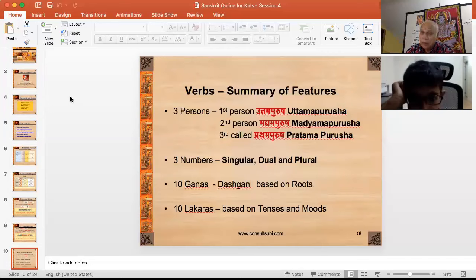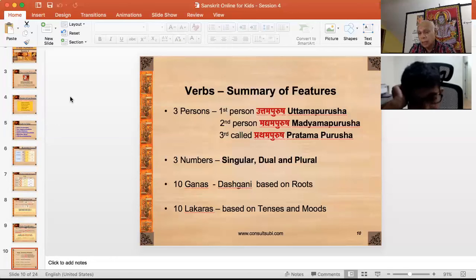And then you have 3 numbers, which we described last time: singular, dual, and plural. 1 person, 2, and more than 2. Dual is not there in English, but you have it in Sanskrit. Then you have 10 ganas, dashagani, which is based on roots.